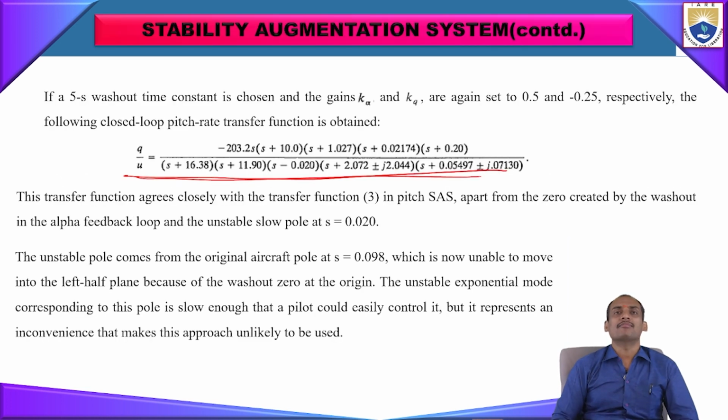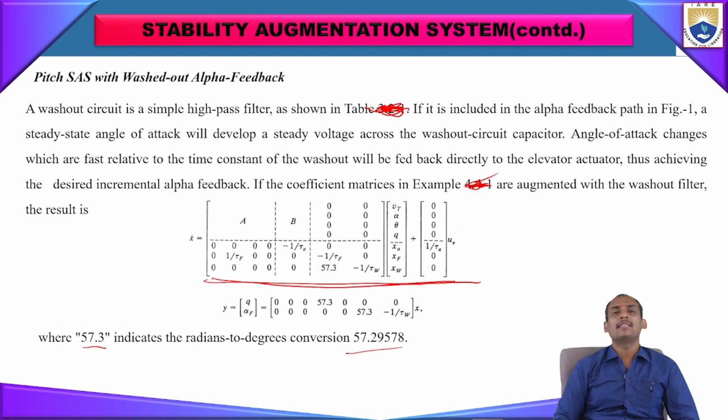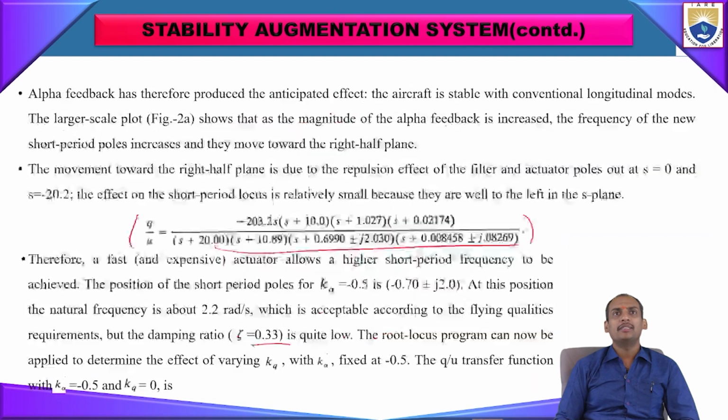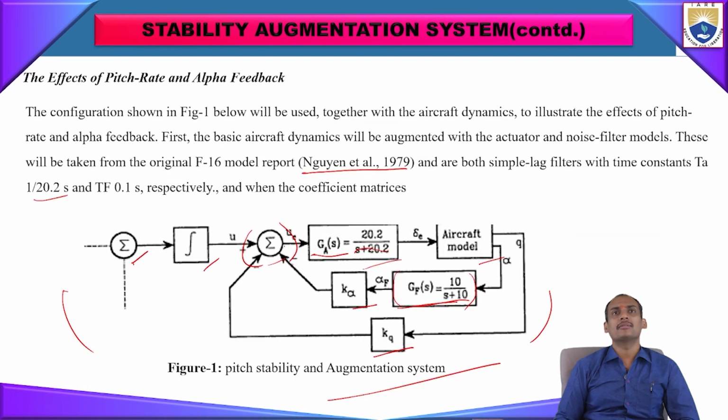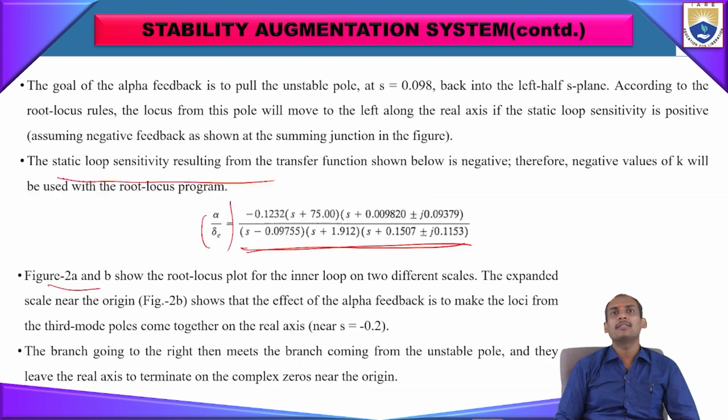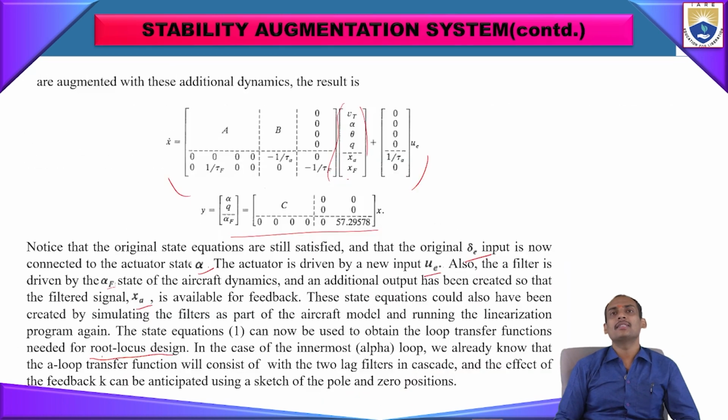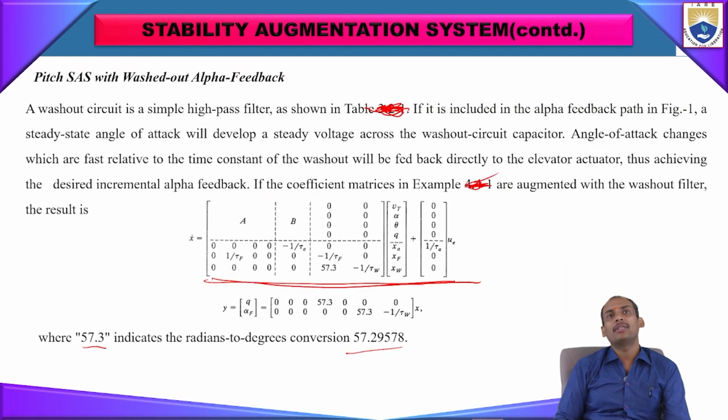So here you see, we have explained the SAS system with two examples. One is with the pitch rate and alpha feedback transfer function, I mean the alpha feedback device, and another one is pitch rate with washout alpha feedback.